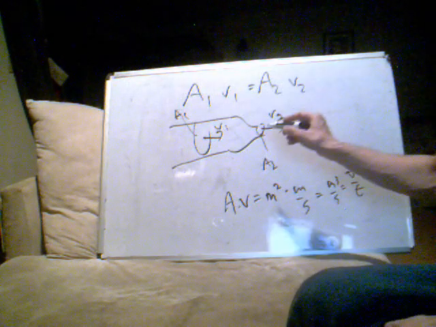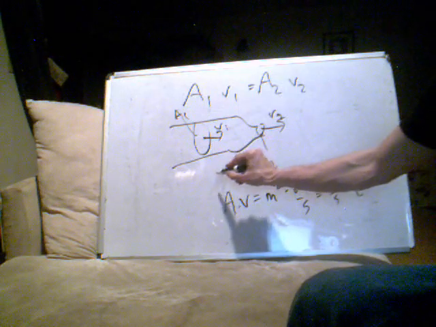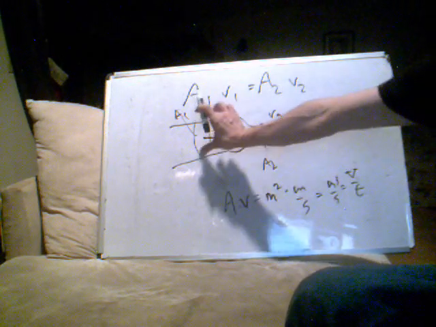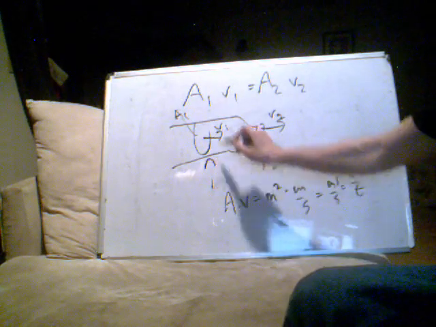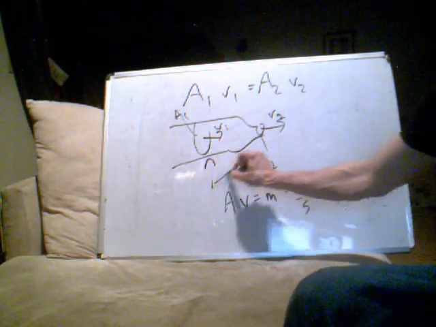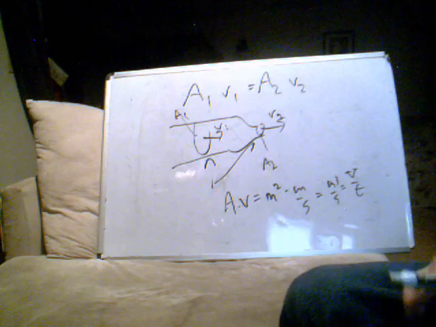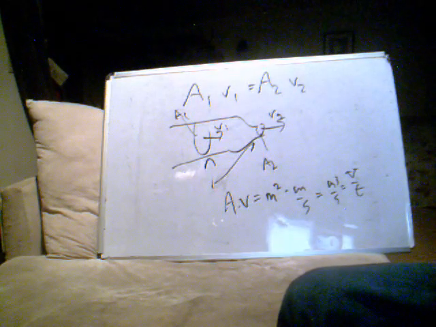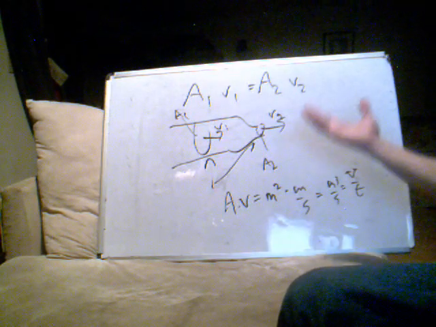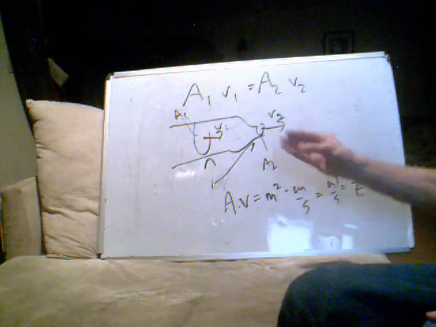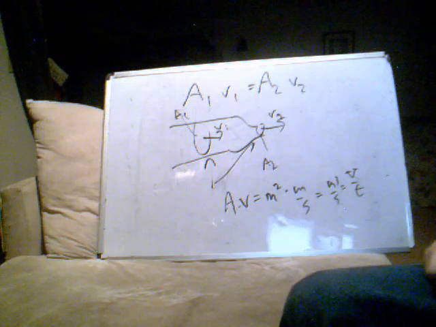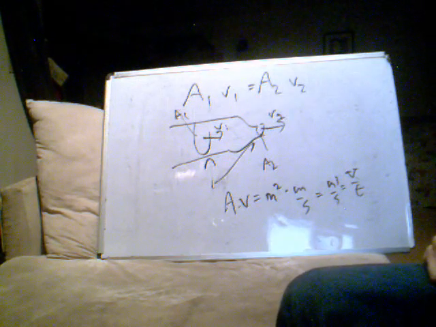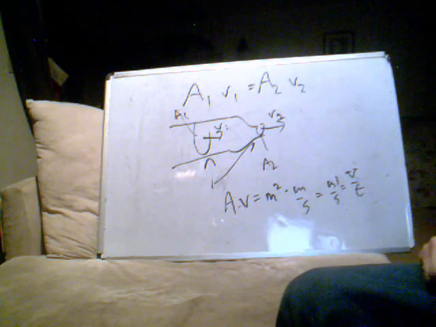Now, what we're talking about really happening here is we're saying that because this is the same tube, the same amount of water has to go past this point per unit time as has to go past this point per unit time. The water doesn't just get to magically bunch up somewhere. If it slowed down like that, then this would have to expand or something, and pipes don't just magically expand because we want them to, okay?